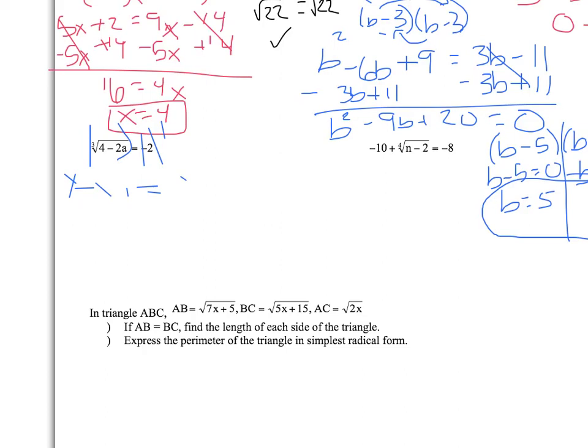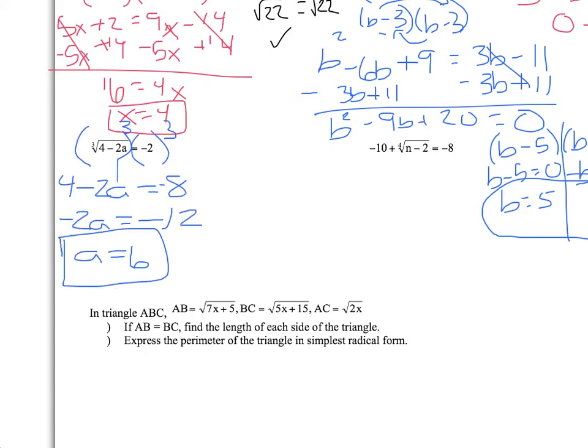If you type it in your calculator, just type very carefully. Sorry, it's negative 8. When we solve for a, let's subtract the 4. So negative 2a equals negative 12. Divide by negative 2, and a equals 6. If I were to check it, and again, I'm just trying to save time, it does work out. But again, when you do your problems, you do need to check them.